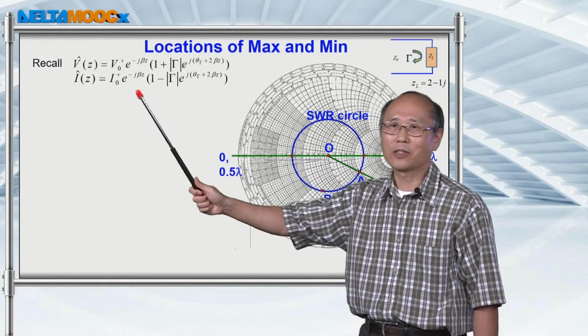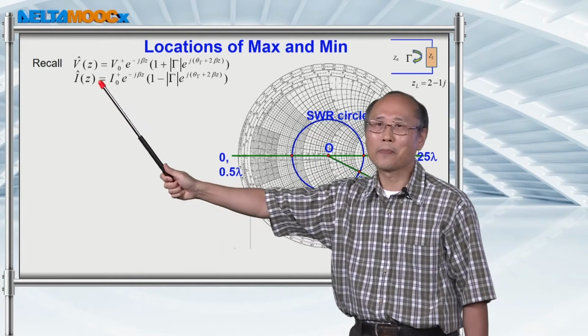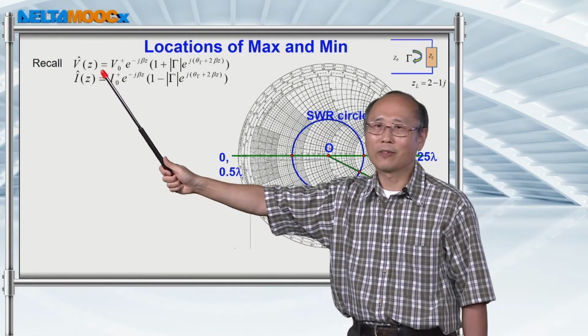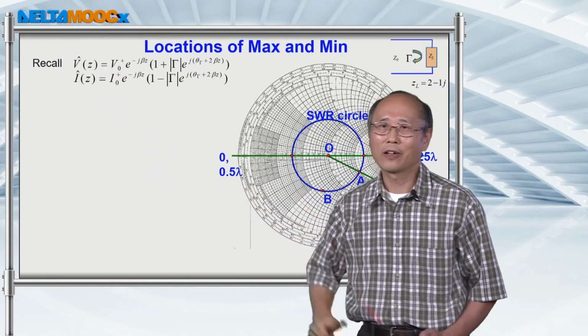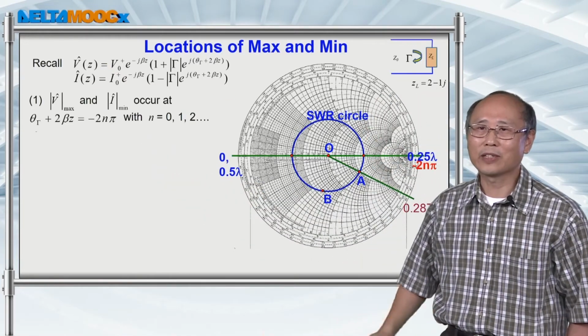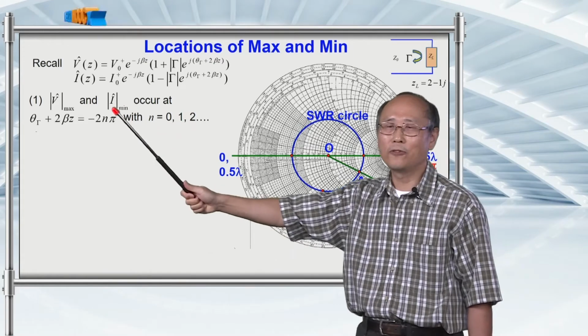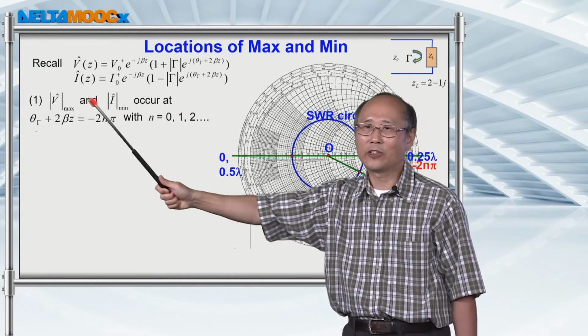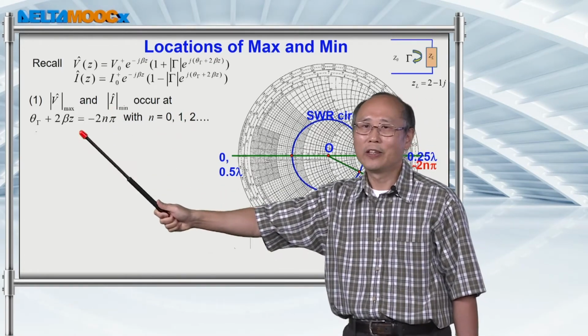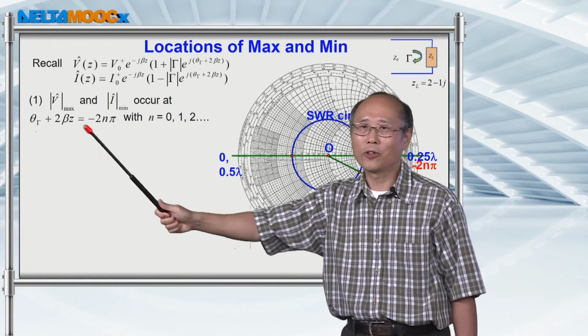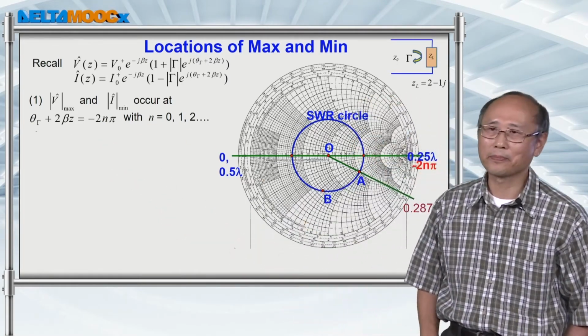So we come back to these two expressions describing the amplitude of the voltage and current. And previously we know that for the maximum value of voltage and minimum value of voltage, the phase is going to be equal to minus 2nπ.